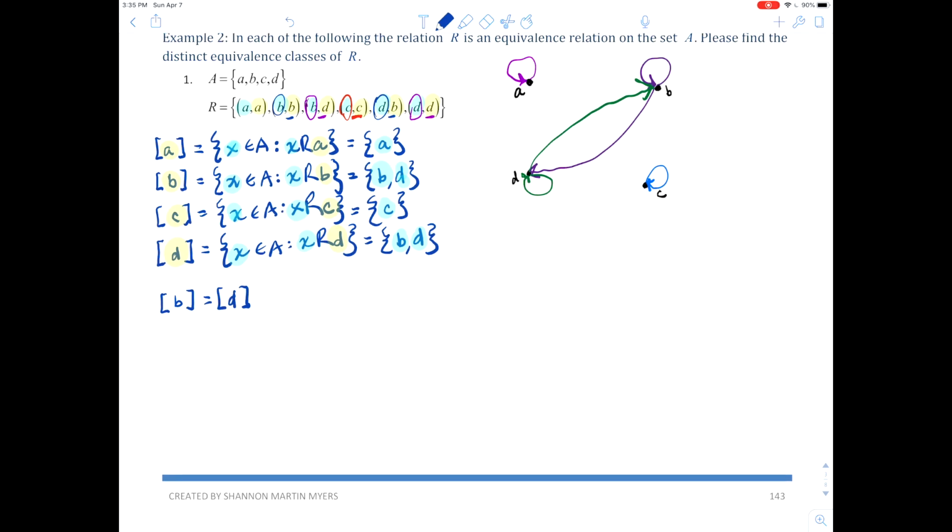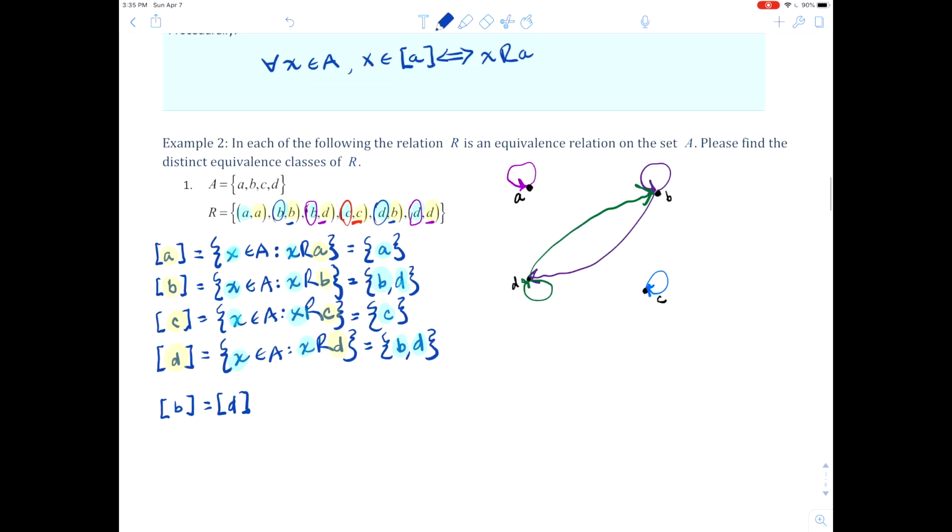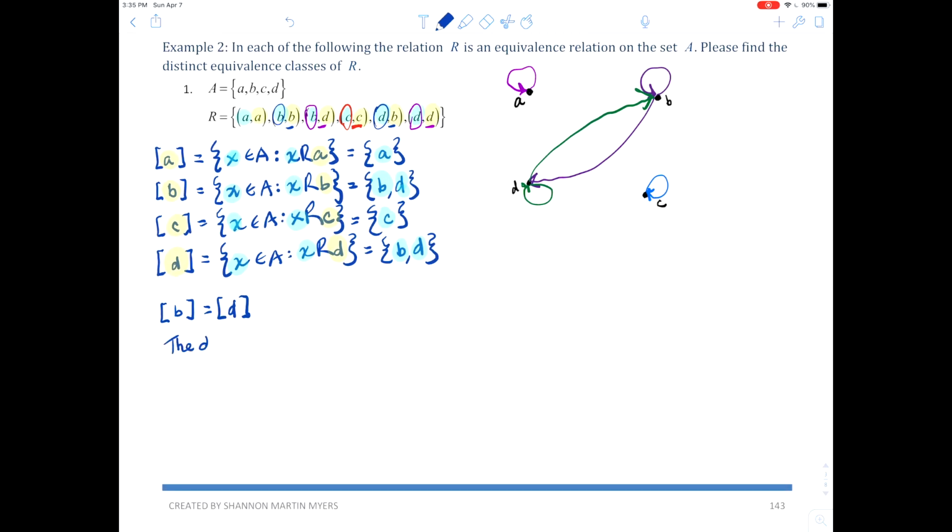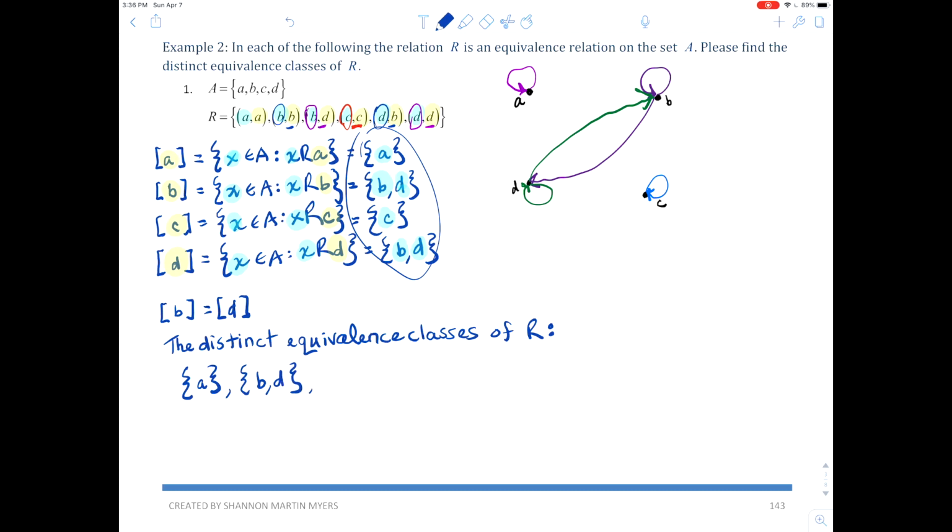So here, the distinct equivalence classes of R are going to be, and I would want you to use this notation so that I knew you understood it on an exam, the set that contains A, the set that contains B and D, and the set that contains C. Groovy?